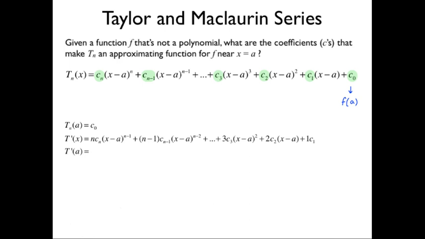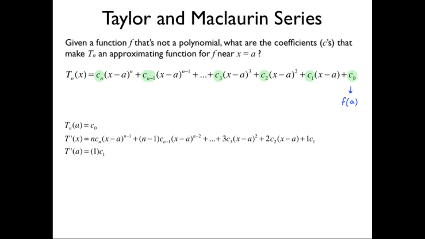And then we think about, first of all, what would the first derivative at A equal now? I've found the first derivative. What would the first derivative at A equal? That would be 1 times c1, right? All those other terms will cancel out to 0, and I'll have 1 times c1. So what do we want 1 times c1 to equal?